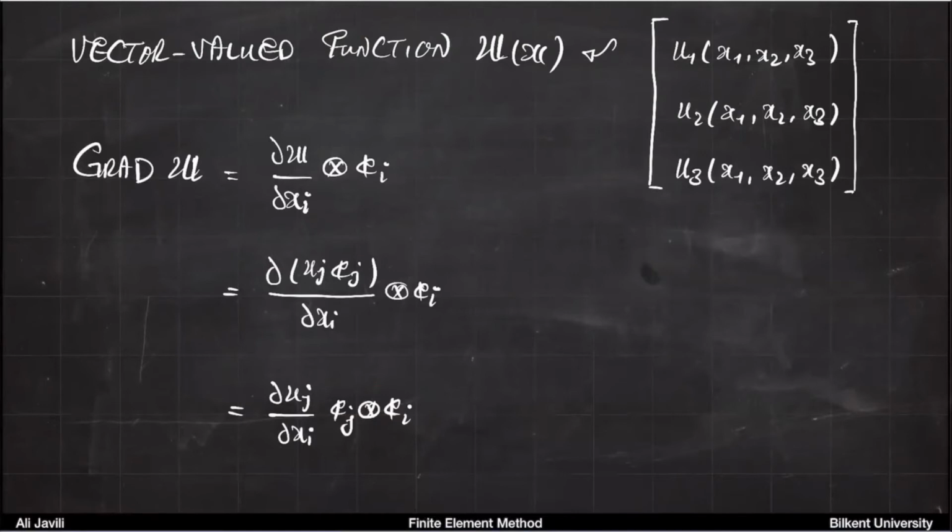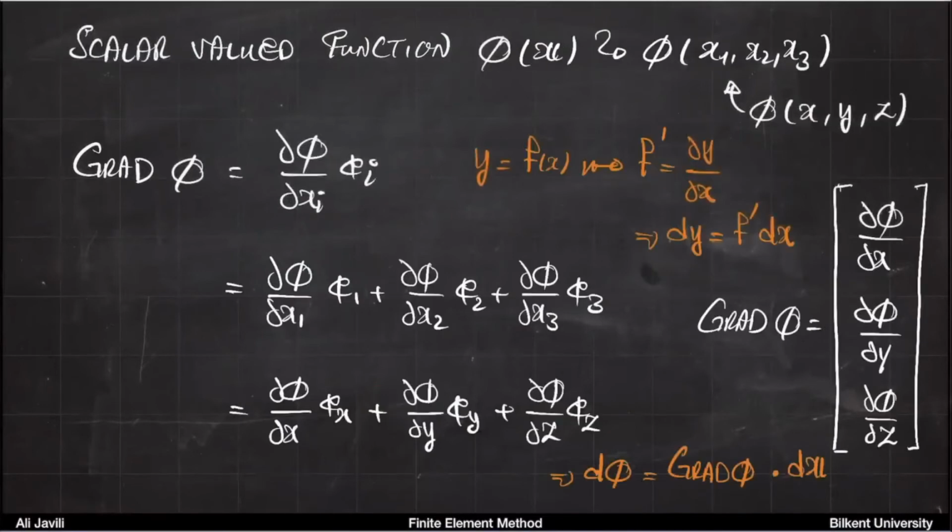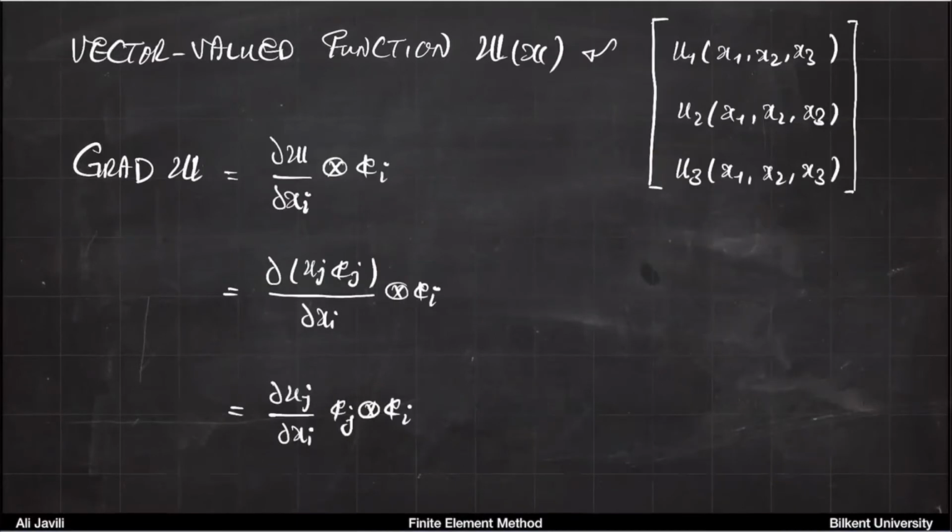So the gradient of u, remember we said the gradient of a scalar valued function was a vector. Now the gradient of a vector, on the other hand, is a matrix.